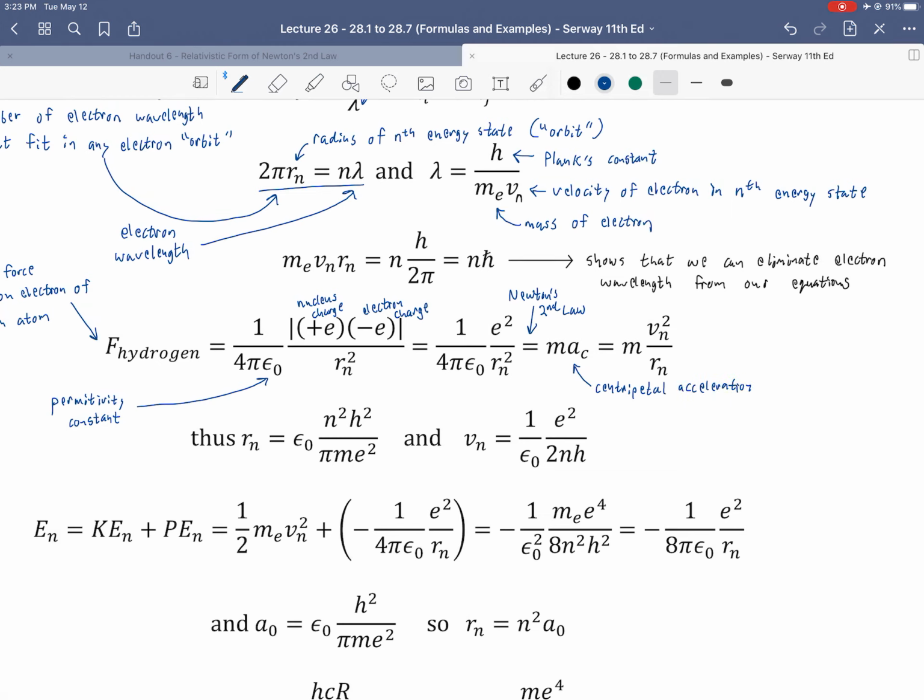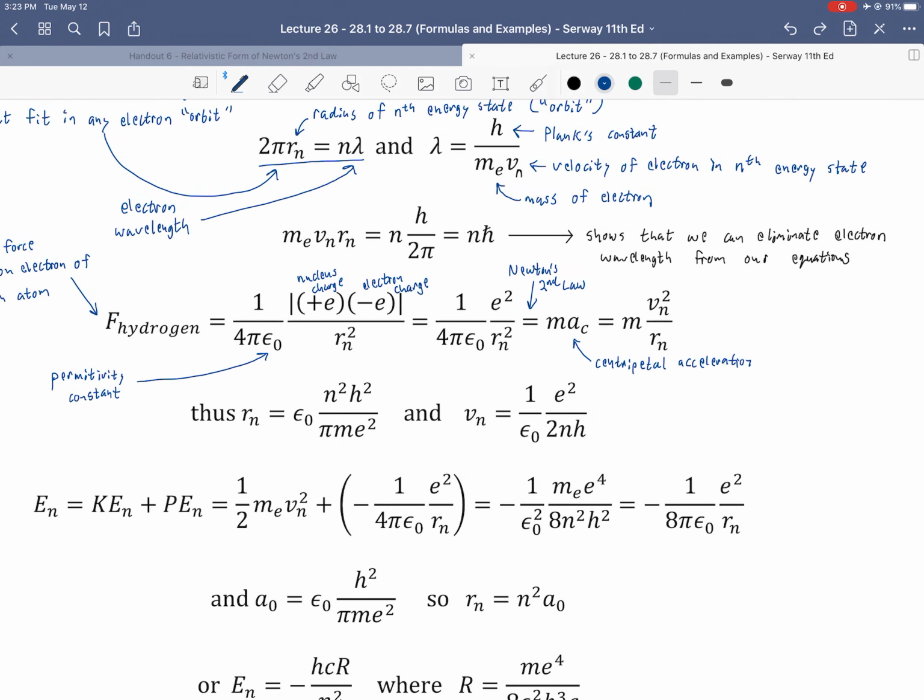Centripetal acceleration always takes the form of v squared over r, but here it's the velocity of the nth orbital state and energy state, and the radius of the nth orbit, which is the nth energy state.